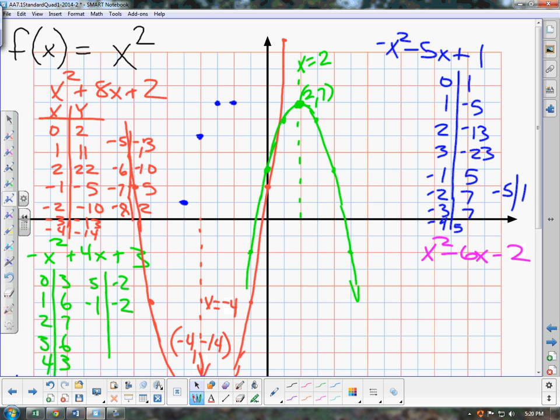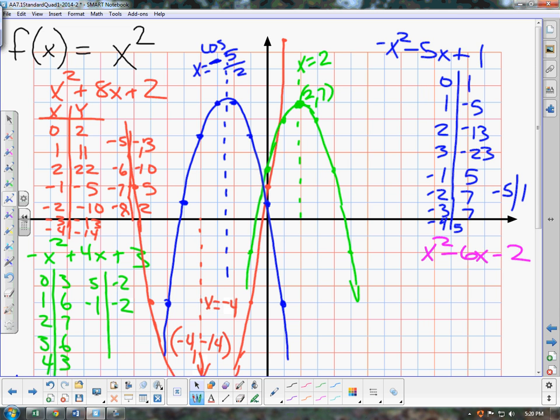Negative 1 is 5. 0 is 1. 1 is a negative 5, which must mean that this one is also a negative 5, and so our parabola goes like so. Now, with that particular one, I think our line of symmetry is going to be right in there. And it is. And so the line of symmetry in this case is x equals negative 5 over 2.